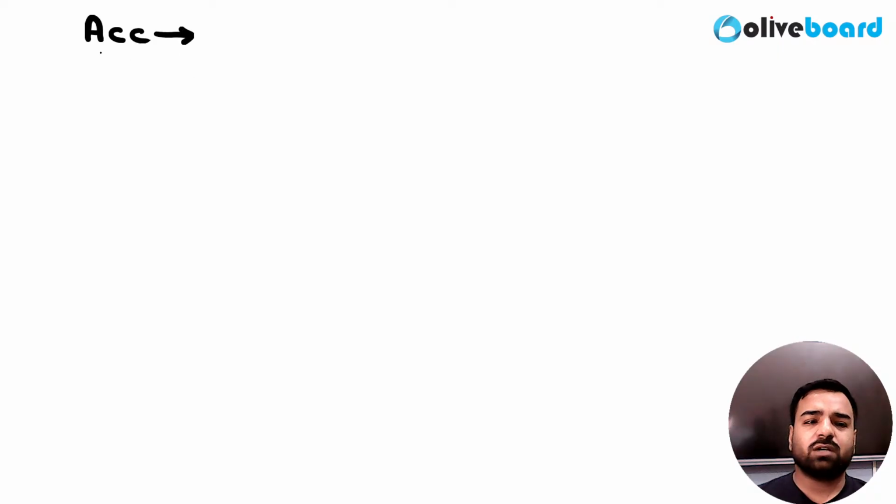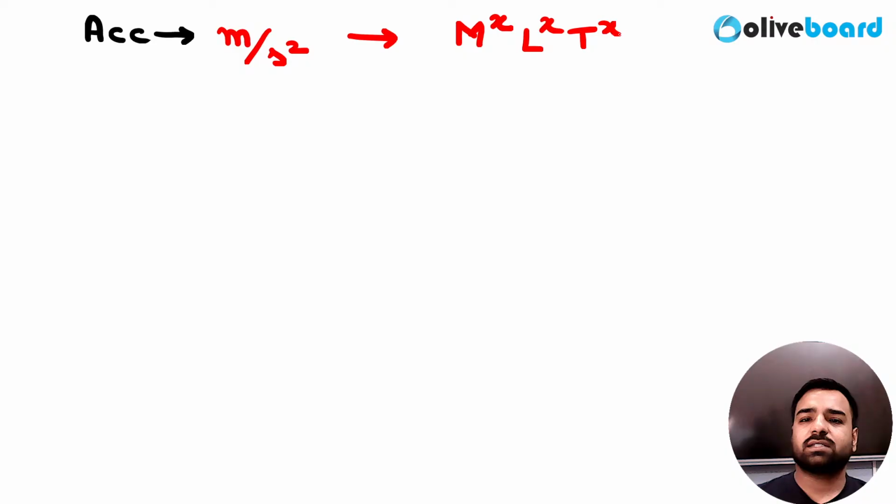Guys, I need to calculate the dimension of acceleration. So please start answering. First of all, let's start with the unit of acceleration. What is it? It's meter per second square, right? In order to calculate the dimension, we are going to use M to the power x, L to the power x, and T to the power x.